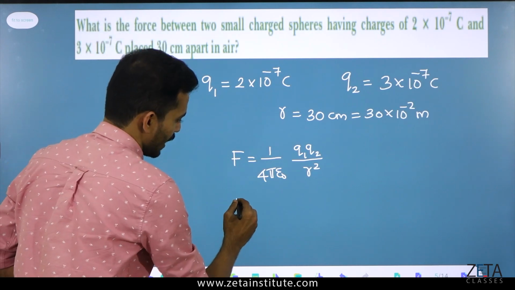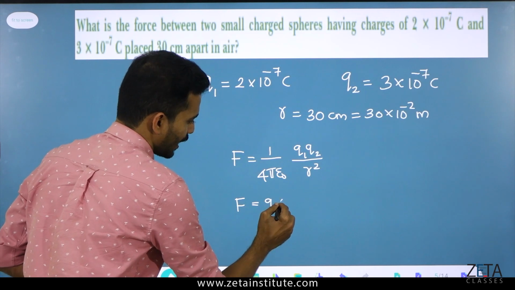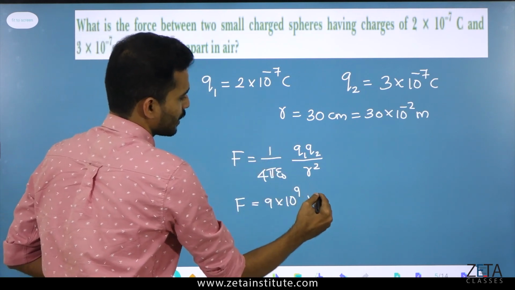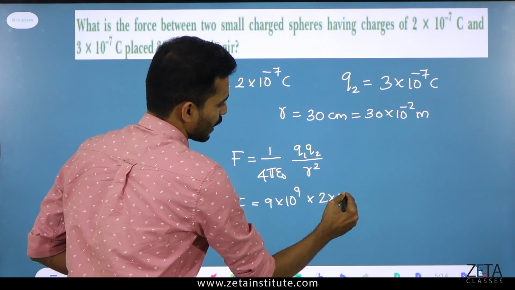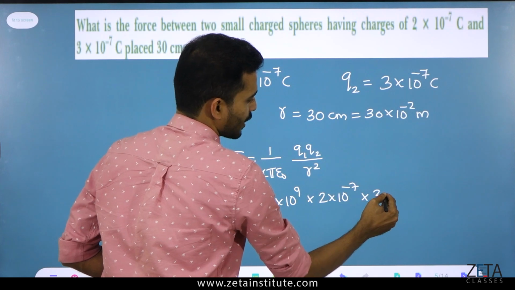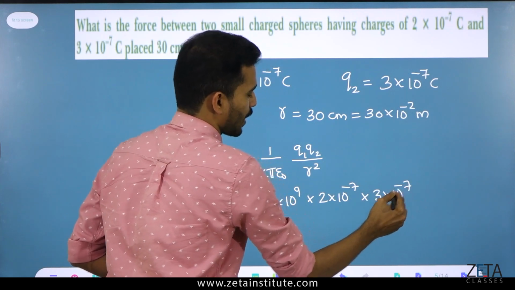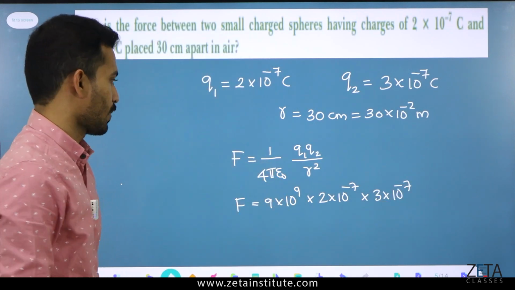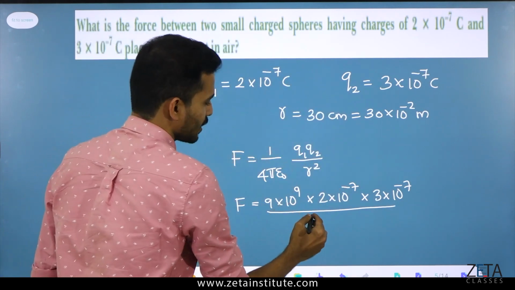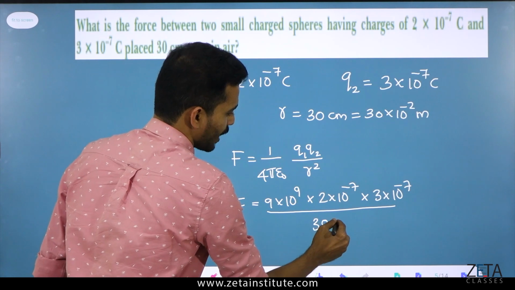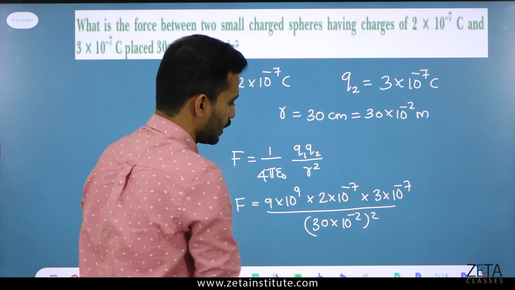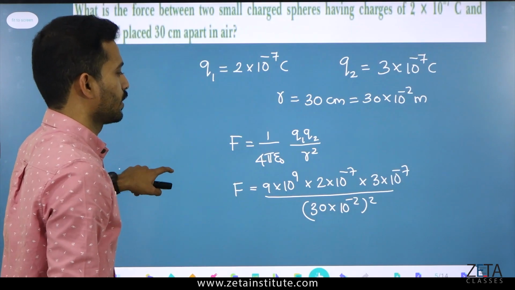So, F is equal to 9 into 10 raised to 9 into Q1, that is 2 into 10 raised to minus 7, into Q2, that is 3 into 10 raised to minus 7, divided by R square. The value of R is 30 into 10 raised to minus 2, so we write 30 into 10 raised to minus 2 all square.